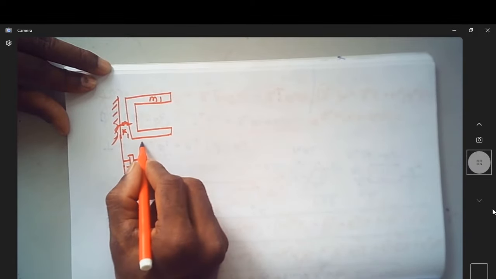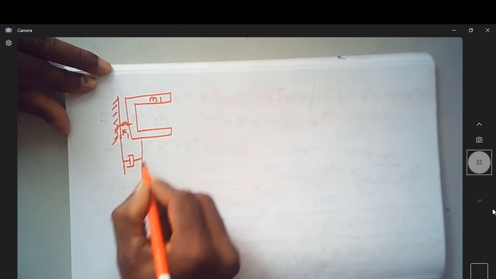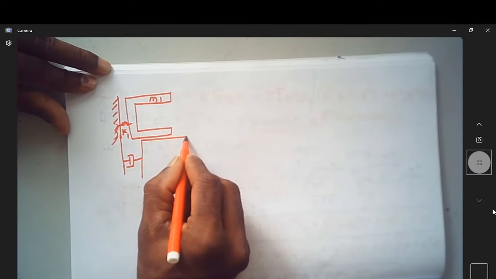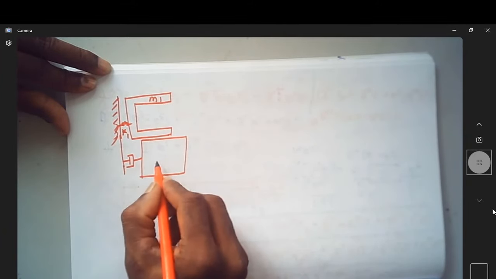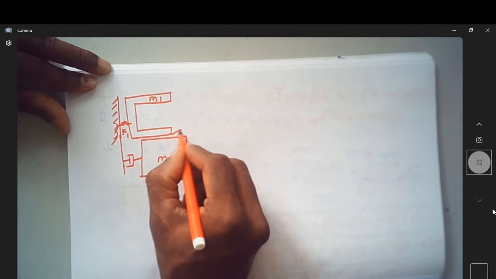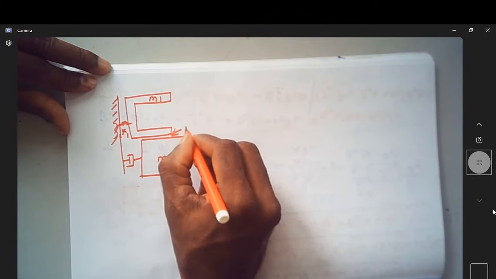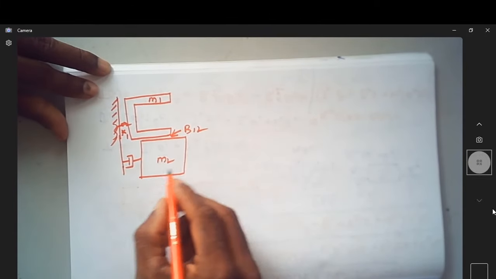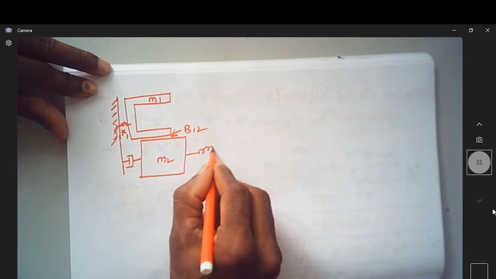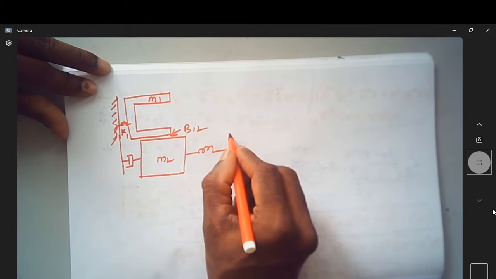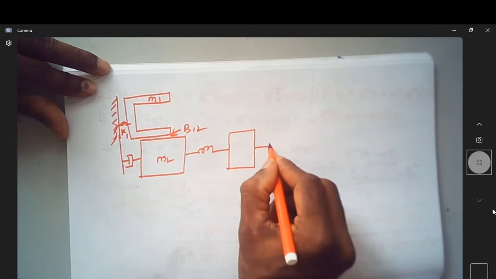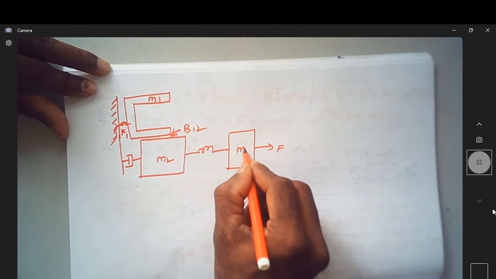This is in turn connected to one more mass M2, and there is a friction between M1 and M2, let us call it B12, and let us apply the force to this M3.